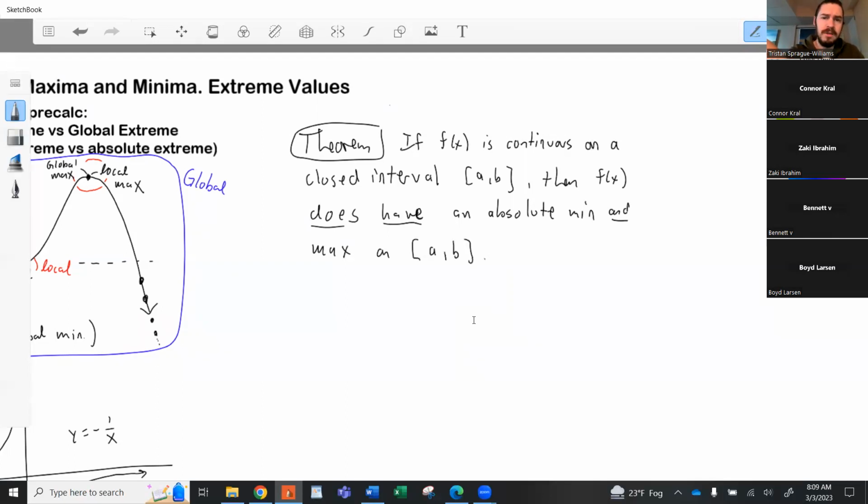This is called the extreme value theorem, I think. Just remember that.